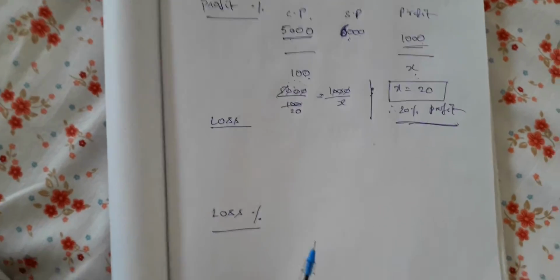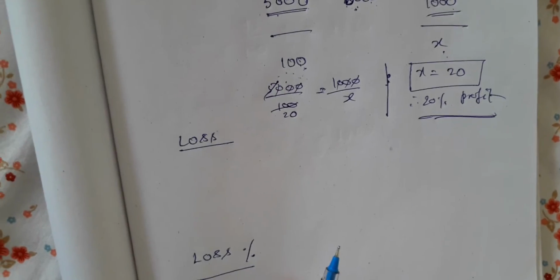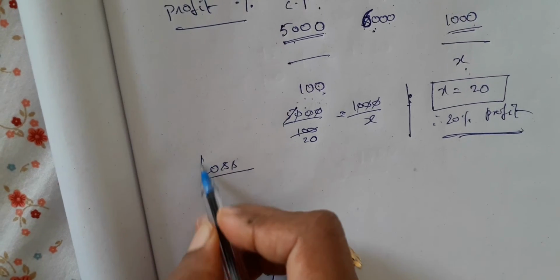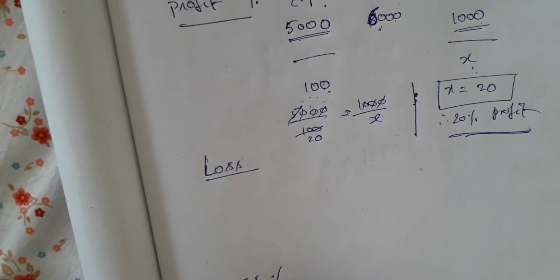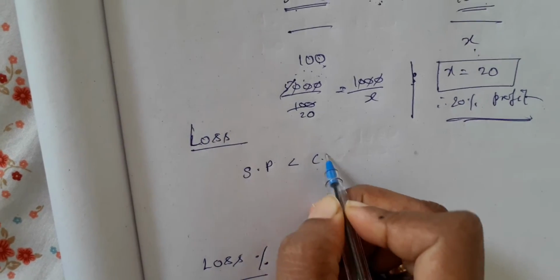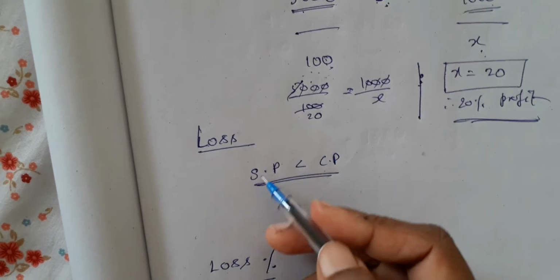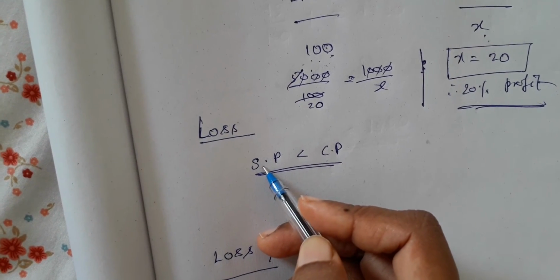Similarly, children, moving on to loss. Very clearly we can understand that in case of loss, when will we get loss? When our selling price is less than cost price. That means you are buying for more and selling it for less, so you are in loss.